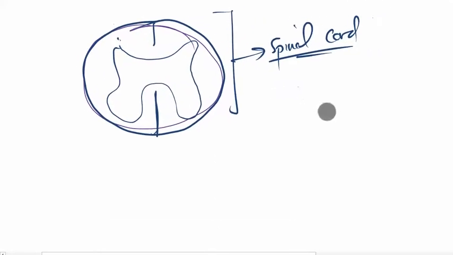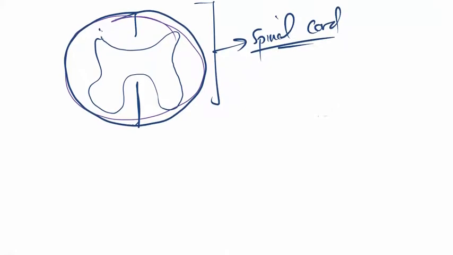So which one is the gray matter, and which one is the white matter? The one outside will be the white matter, right?